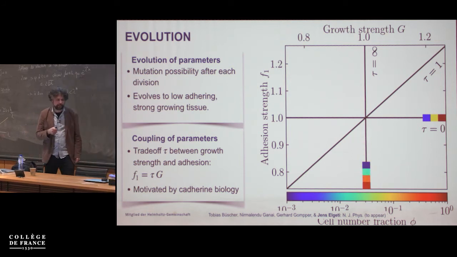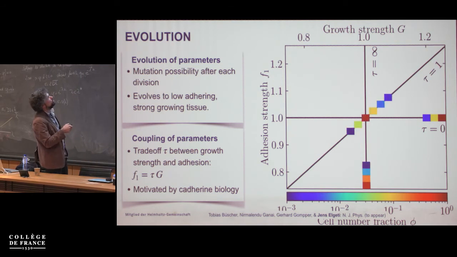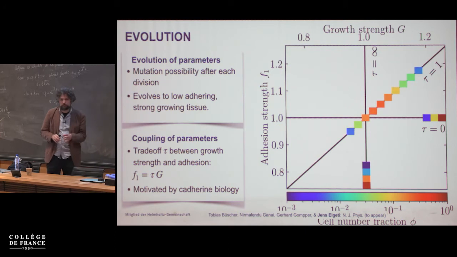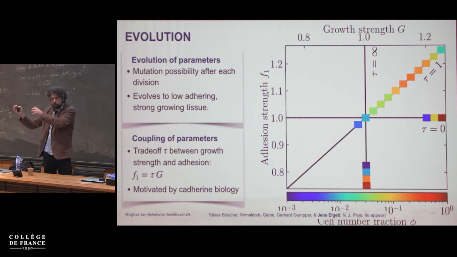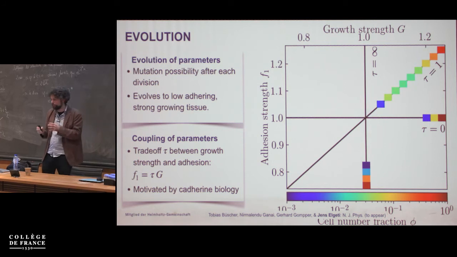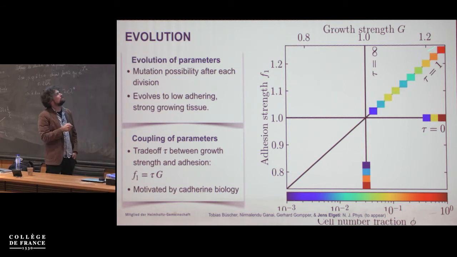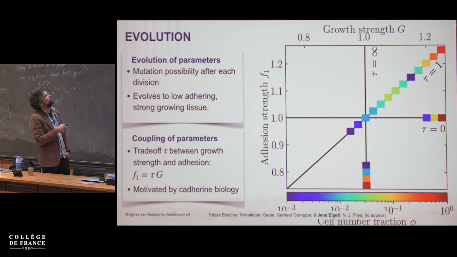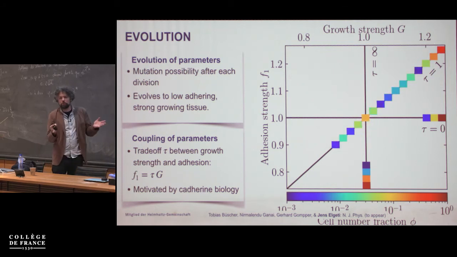But the interesting dynamics show up when we put the coupling between the two to 1. So whenever they become a bit stronger, they also adhere more. Or when they adhere less, they also become weaker. Well, first it seems they go to strong growth and more adhesion, but okay.